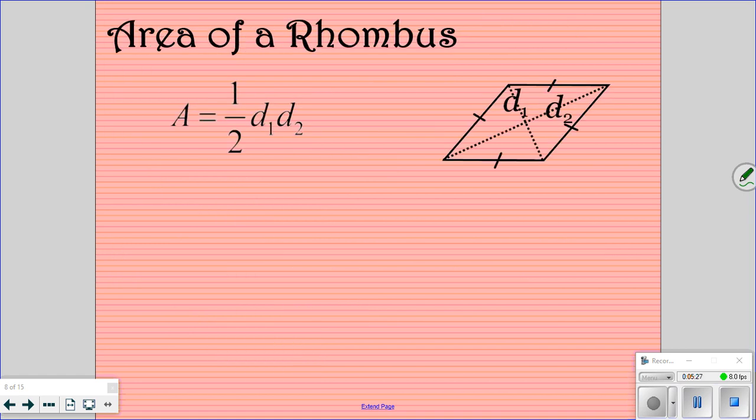Okay, for the area of a rhombus, the formula is 1/2 times D1 times D2, where D1 and D2 are your diagonals.